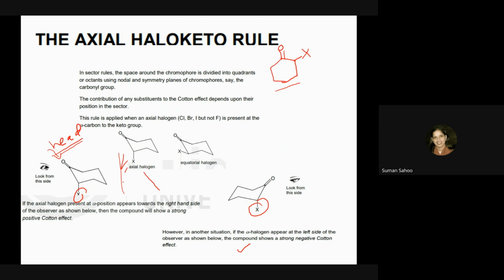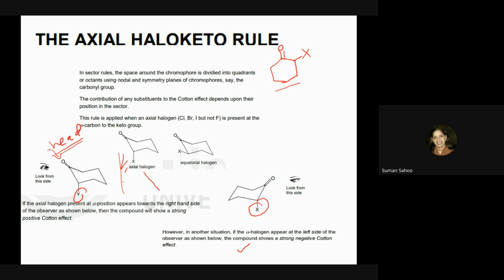So according to this axial haloketone rule, when you view an axial halo cyclohexanone along the carbonyl group, if the axial halogen is present on the right hand side, then that is going to give you a positive Cotton effect. And if it is on the left side, that is going to give you a negative Cotton effect, or vice versa.